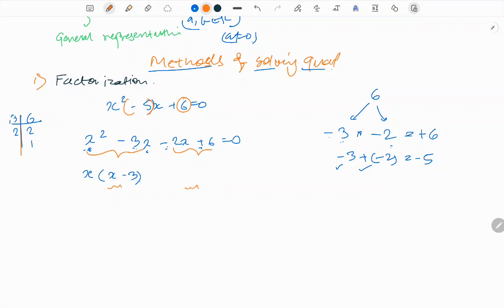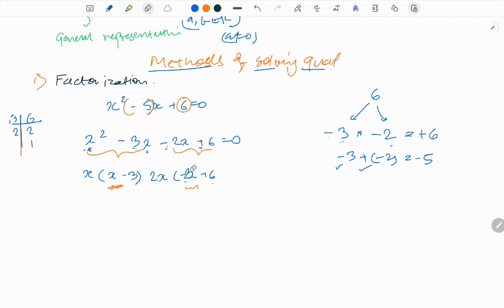If I took x as common, then what remains inside is minus x, but we want this term. So we take the 2 common.